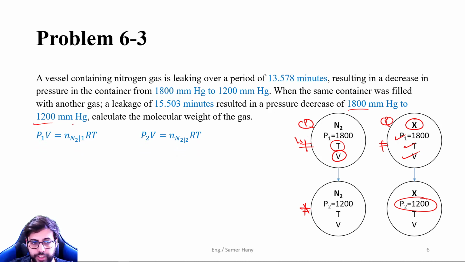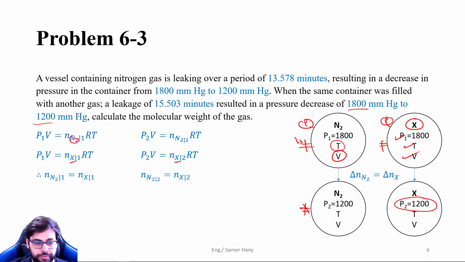So P1V equals n nitrogen 1 RT, and so on. This is for gas X and gas nitrogen. The same relations are valid. And then for the nitrogen gas at conditions 1, it's the same exact number of moles as gas X, since they both have the same starting pressure, temperature, and volume.